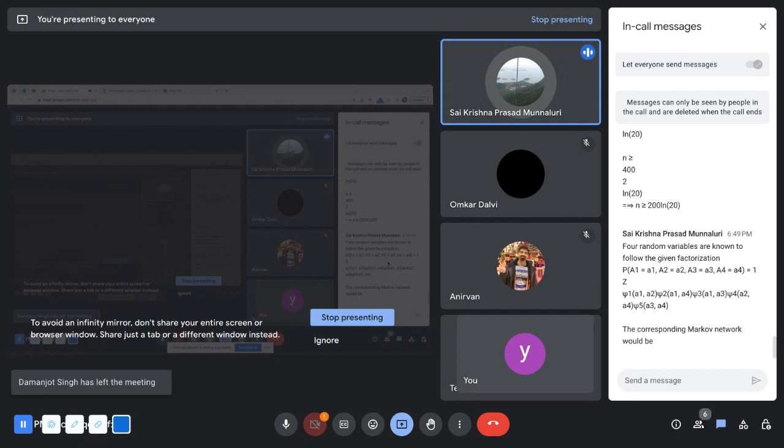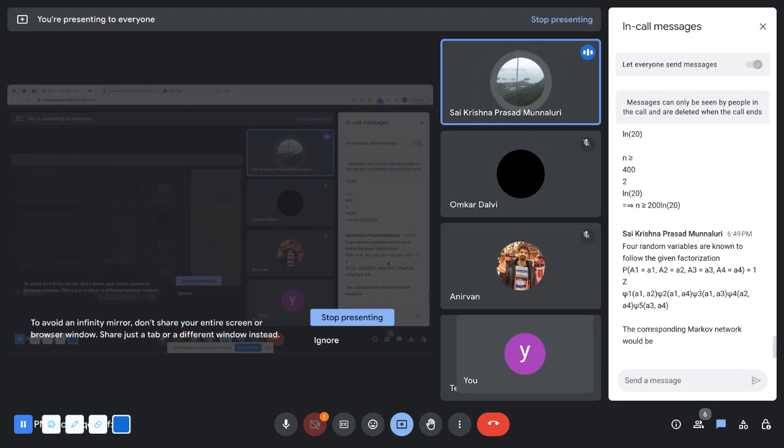Yeah, but actually in the solution, it is completely connected. The solution says A1, A2, A4 are three interconnected with each other, forming a three-clique. And similarly, A1, A3, and A4. So there is no edge between A2 and A3. That is the solution given here.